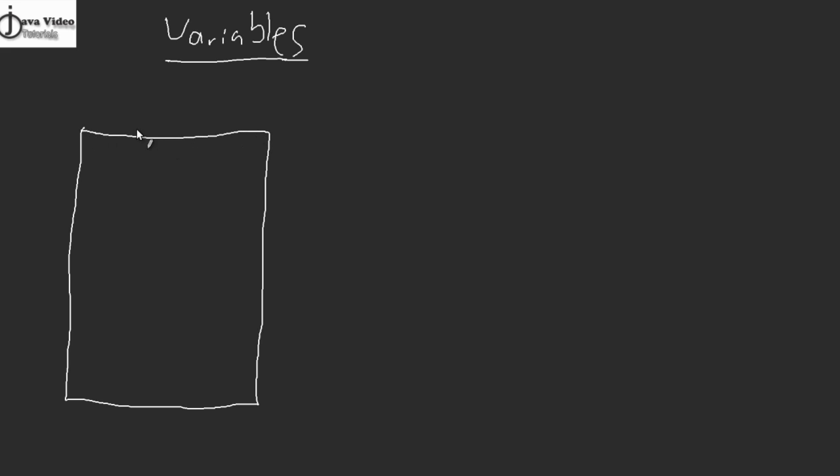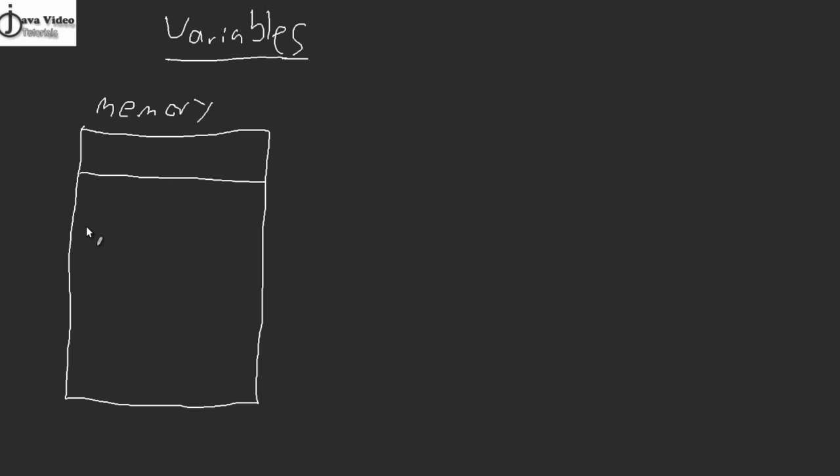So let's pretend we have a section of our computer memory, okay, on the screen. I apologize for my messy handwriting. And it is broken down into certain sections, okay? So I think basically what this represents is the actual random access memory on your computer.